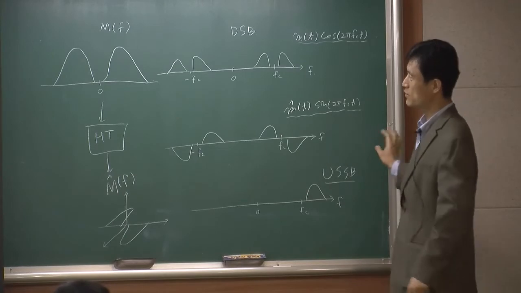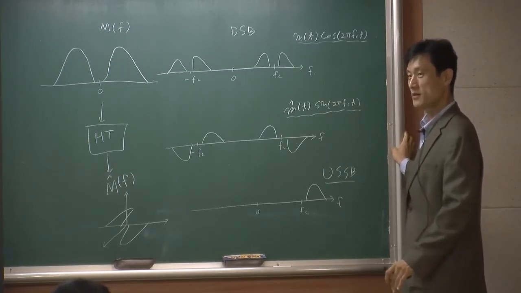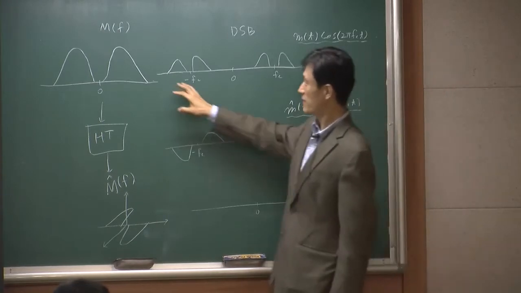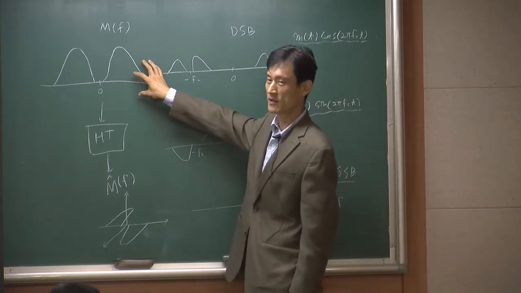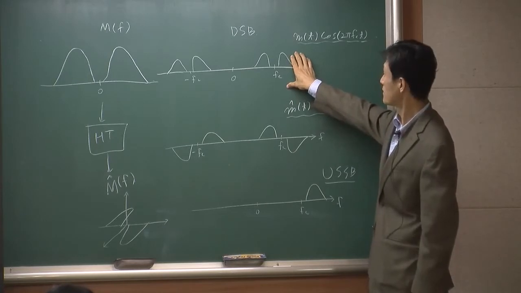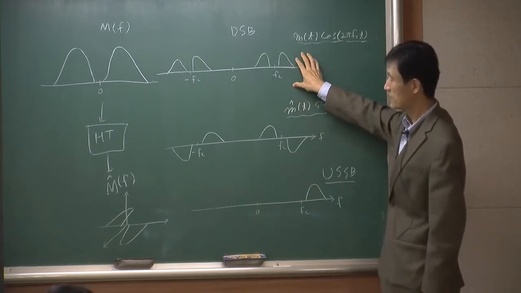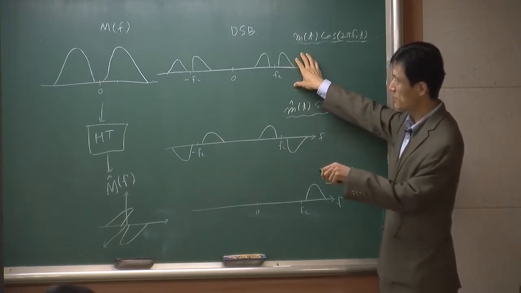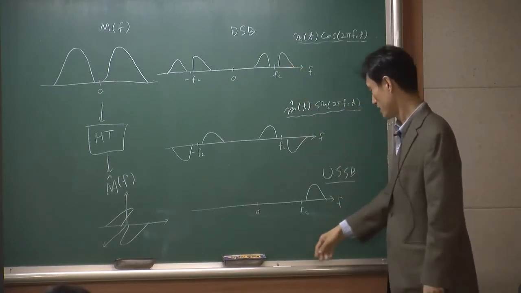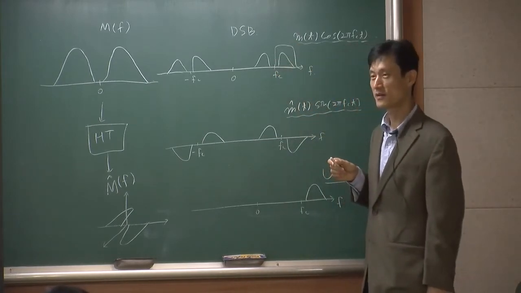So what is the easiest way? The easiest way probably is, first you multiply by cosine, right? We already learned that. That's DSB. You created this one by simply multiplying by cosine, and then you can put in a bandpass filter.